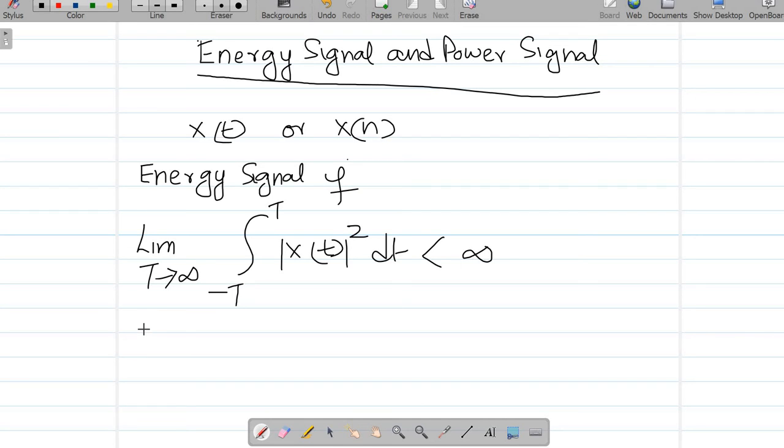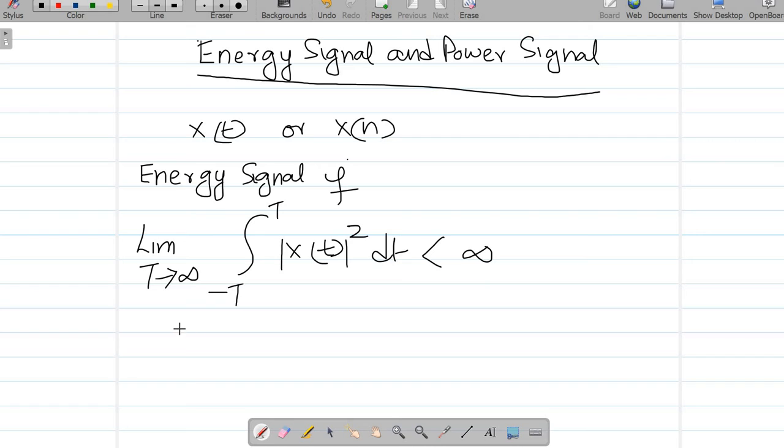T is actually the time period, but the signal can be a periodic or a non aperiodic signal. In the case of an aperiodic signal, the time period is actually infinity, whereas in the case of a periodic signal, we have a finite time period. So this is not the only thing that we need to check to find out whether the signal is an energy signal.